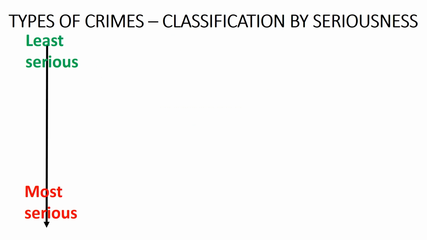One way in which we can classify crimes is by reference to their seriousness. Using this approach, there are three types of criminal offences. These are summary offences, indictable offences, and indictable offences heard and determined summarily. Summary offences are the least serious kinds of criminal offences.